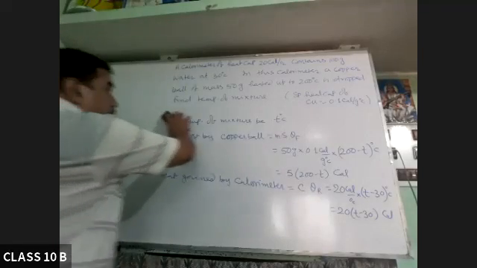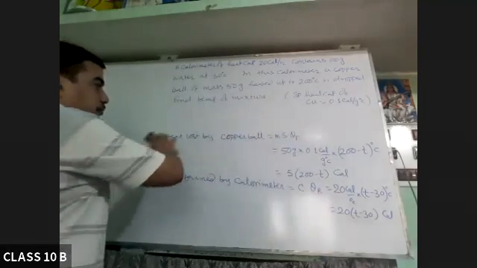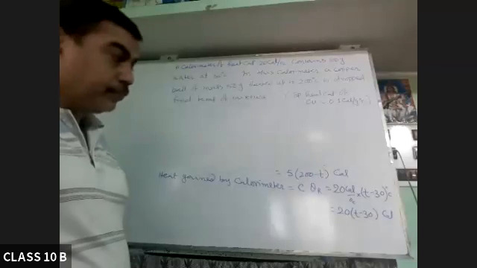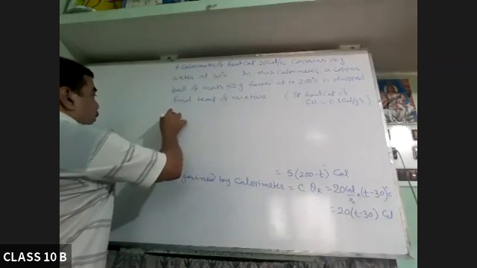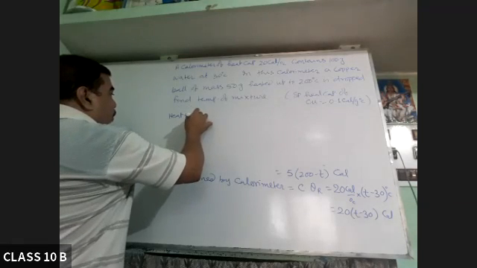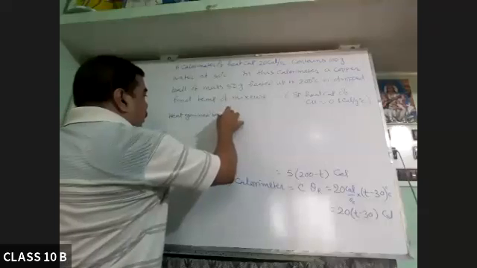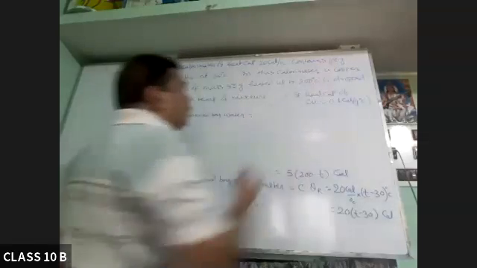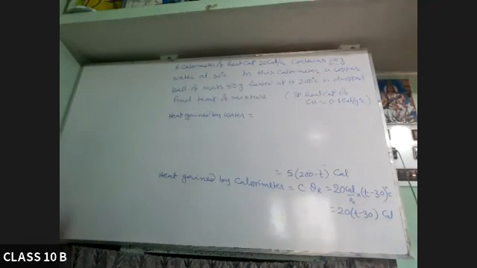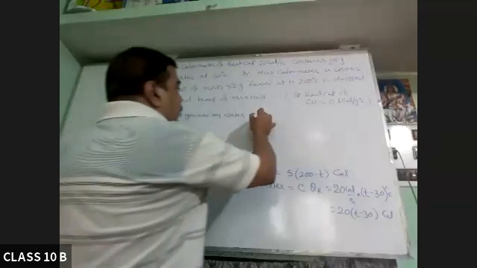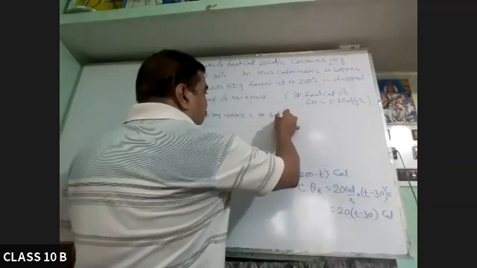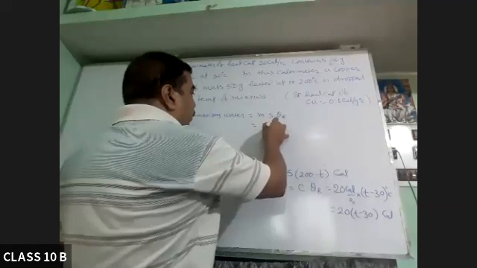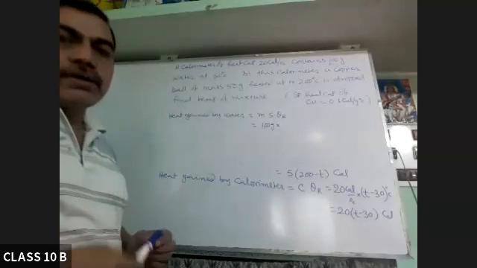Now we will find the heat gained by water. For water you are given the mass, 100 gram, so we'll use the formula m s delta theta. Now the specific capacity of water is not given.